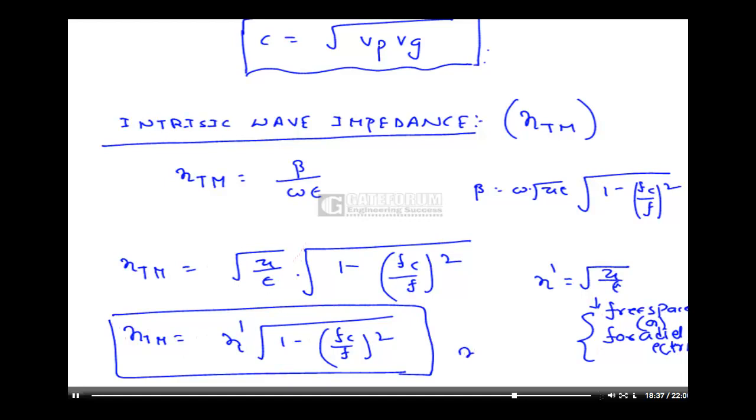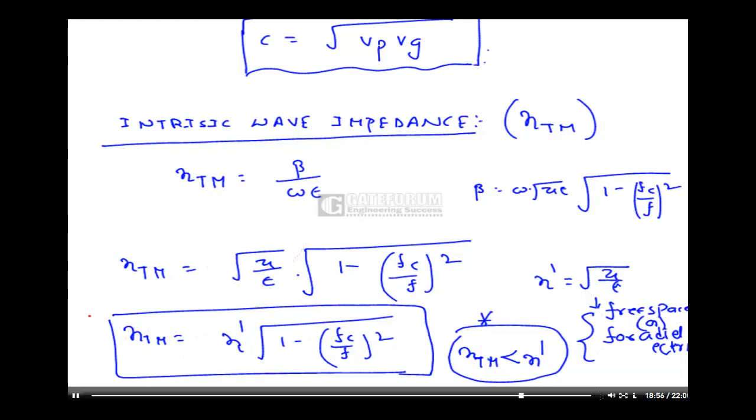So for a given value of f, eta TM is always less than eta dash, that is the free space impedance, 120 pi.